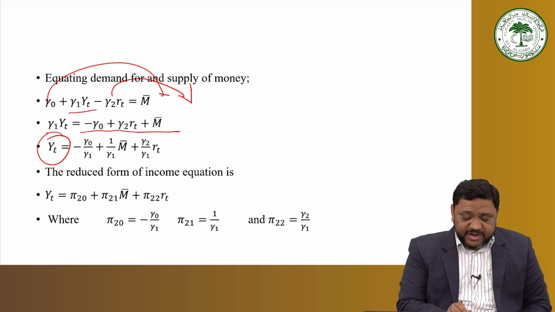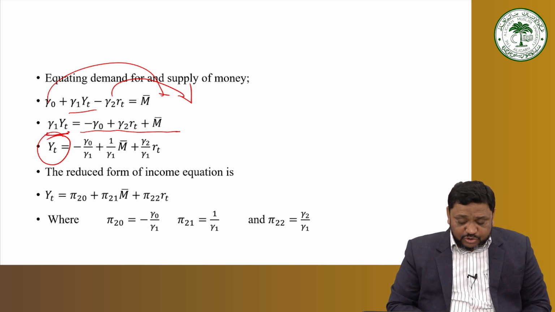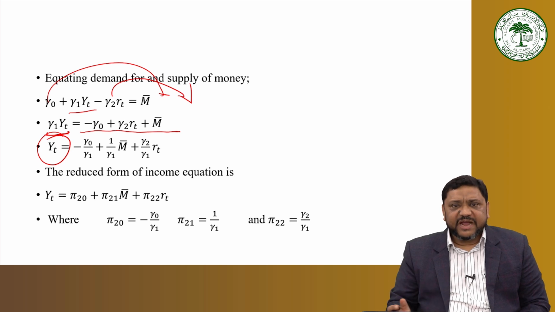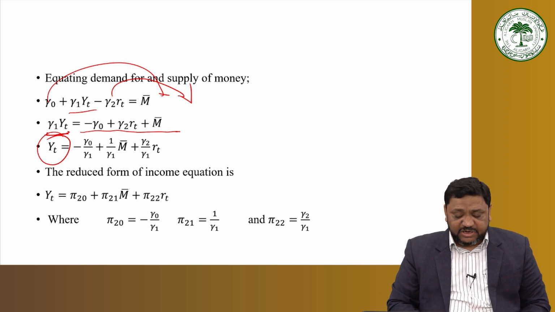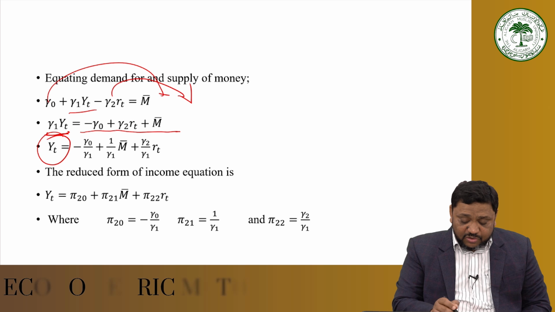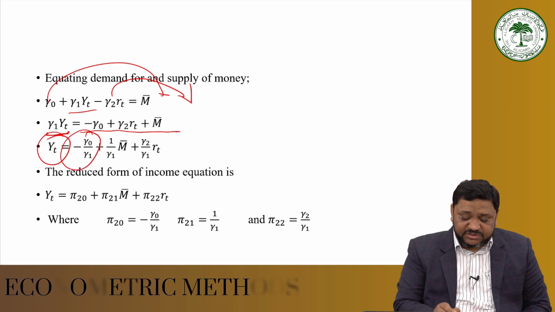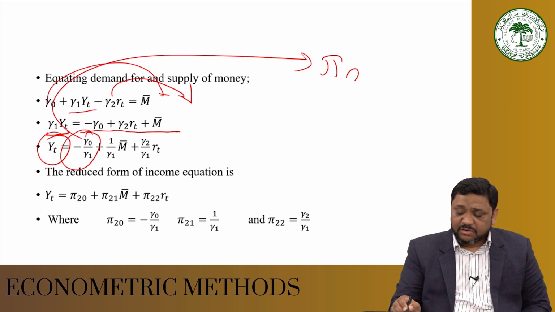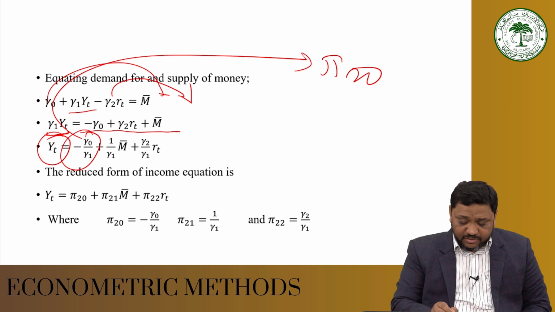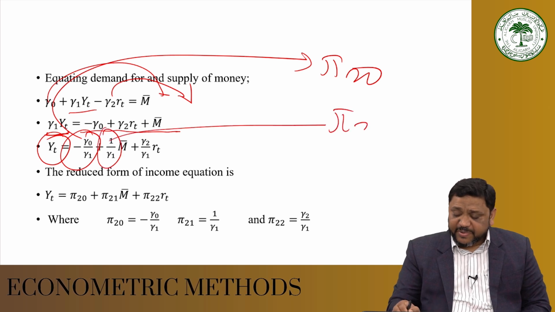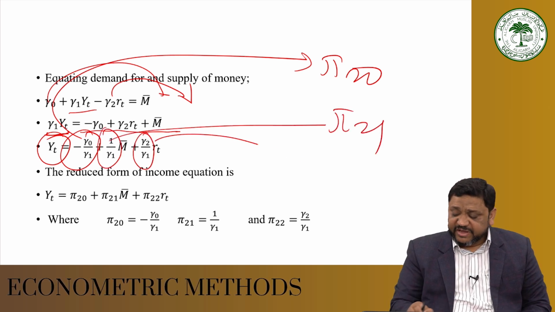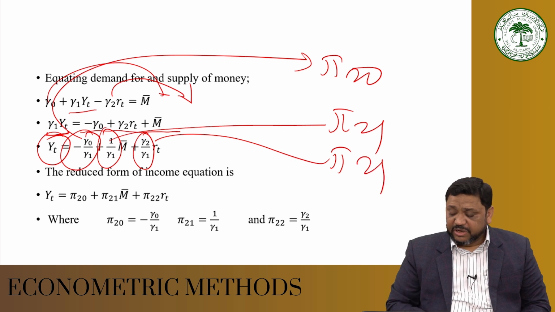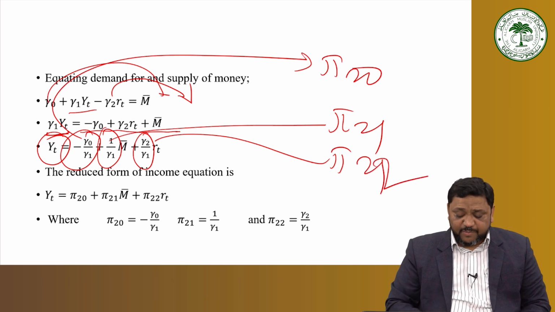So here it is gamma 1 Yt. We take gamma 1 to the right hand side as the denominator. So Yt is equal to minus gamma naught divided by gamma 1 plus 1 over gamma 1 M bar plus gamma 2 over gamma 1 RT. Now this we can say is pi 20, this is pi 21, and this term is pi 22.